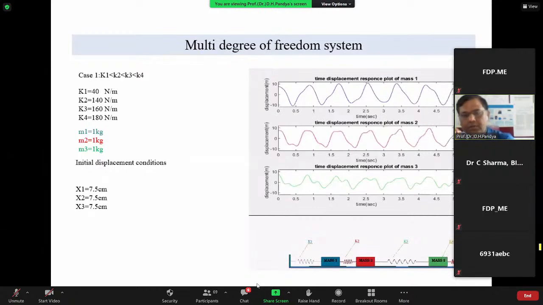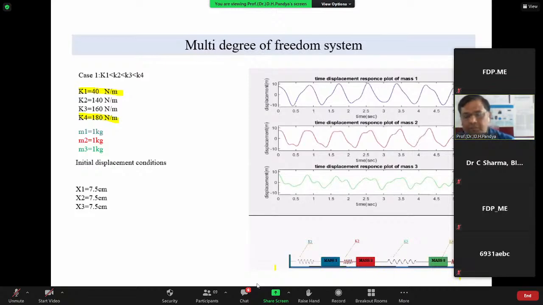There are three masses, with K1 is 40 and K4 is 180. This one is K1 and this one is K4, and masses 1, 2, and 3.